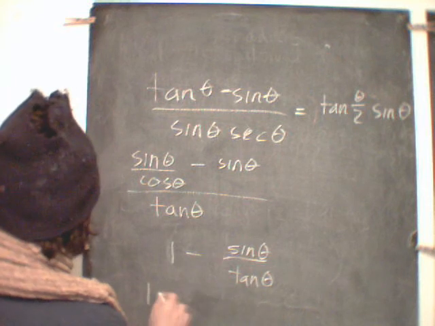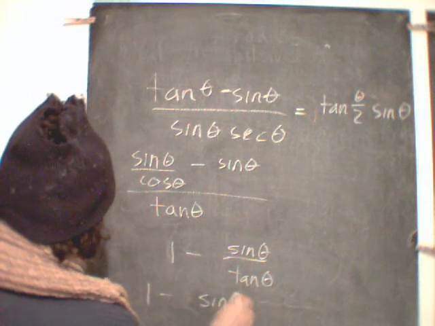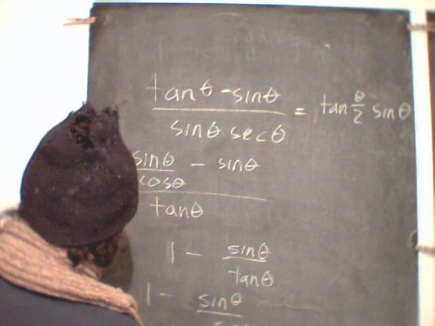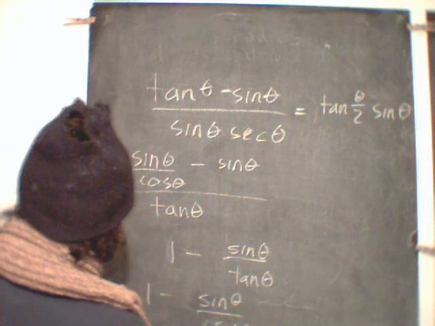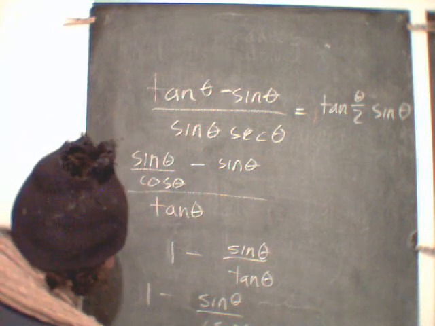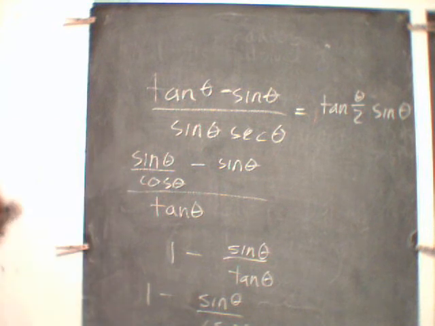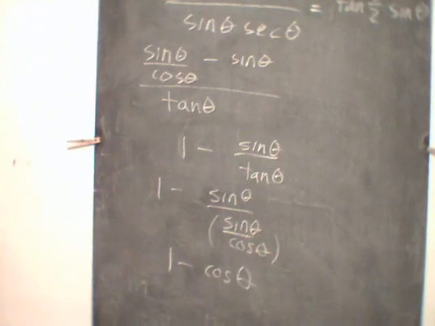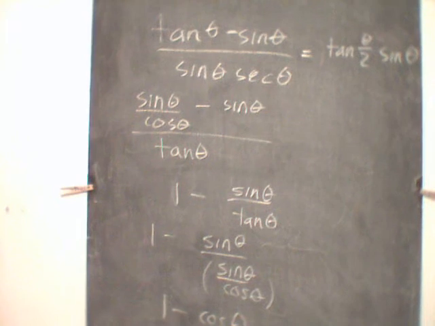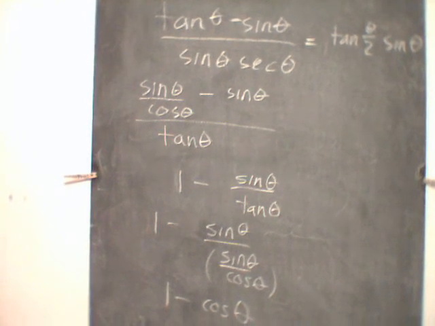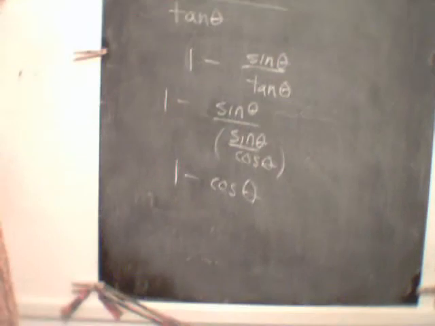So that's equal to 1 minus sine over sine over cosine. Well, that's equal to 1 minus cosine. It's really a complicated way of just saying 1 minus cosine theta. So that's what that is.